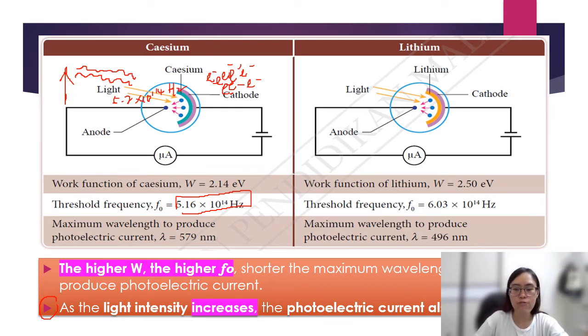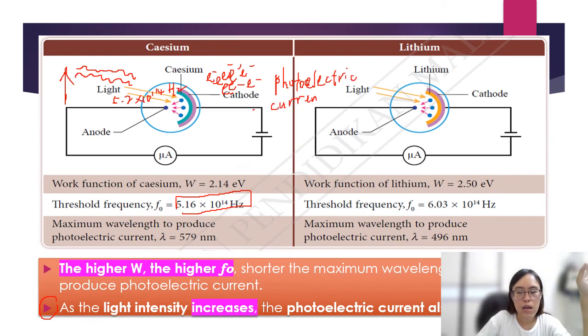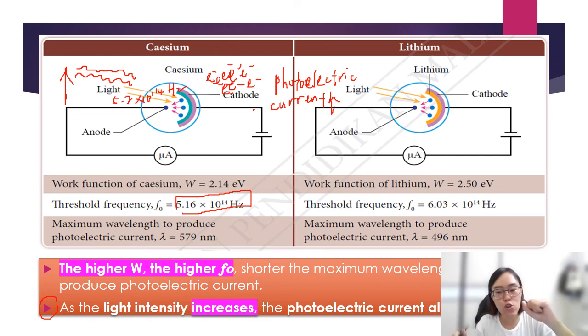So with more electrons, your photoelectric current, the photocurrent, will increase. That's what it means here. However, remember that the photoelectric effect does not depend on the intensity, but depends on the frequency of the light.